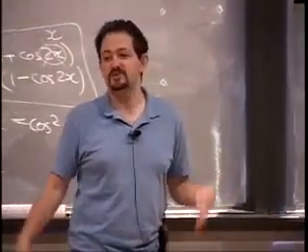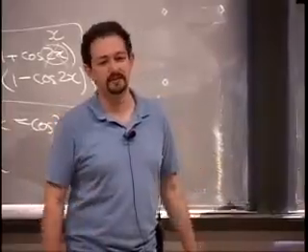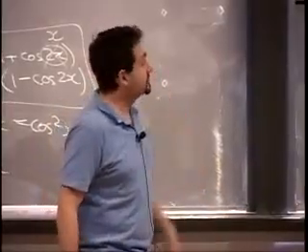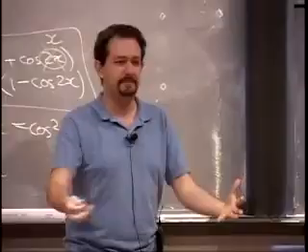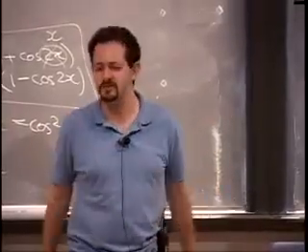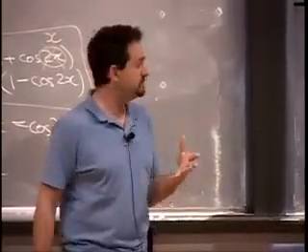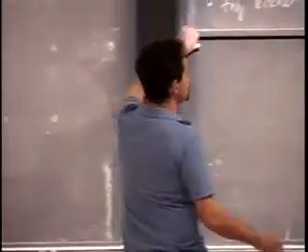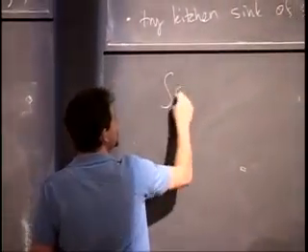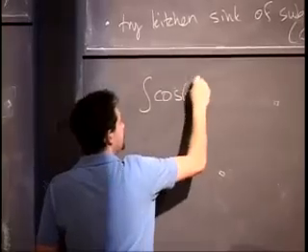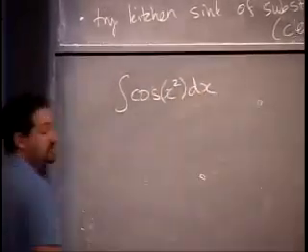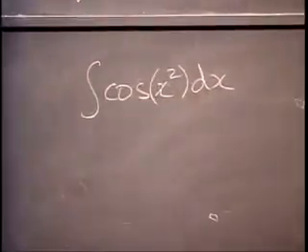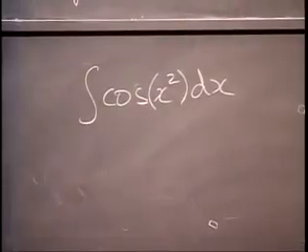I wish there was some method that solved every integral. But the fact is, most integrals that just pop up, if you just write the integral of some function that you think of, probably you won't be able to do it if the function is sufficiently complex. Even something like this, not cosine squared x, but just cosine of x squared, you can't do it.